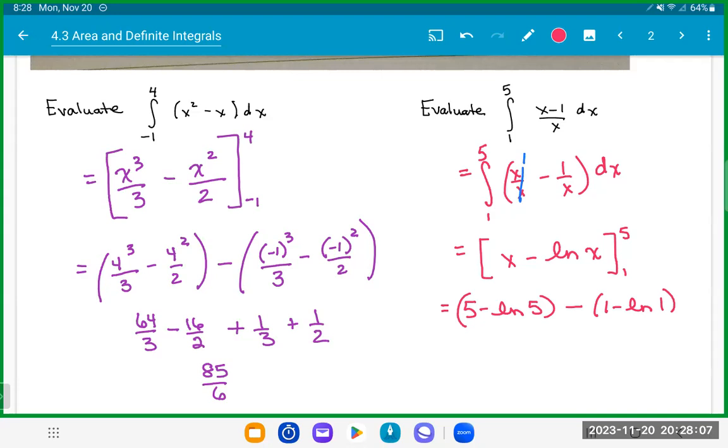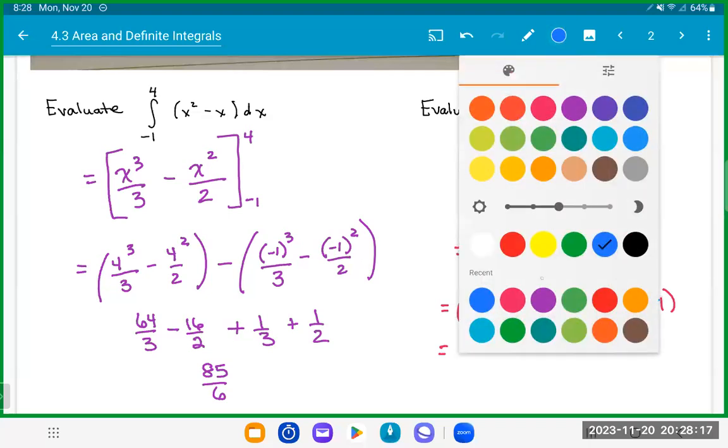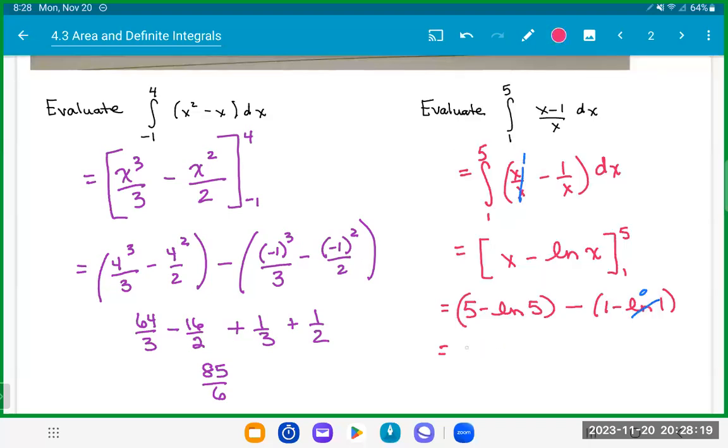Okay, and so this gives me, well, the ln of 1 is really 0. So this gives me 5 minus ln of 5, minus 1.